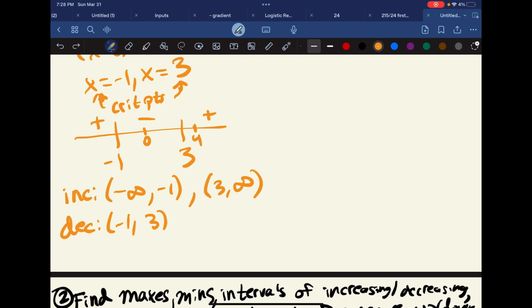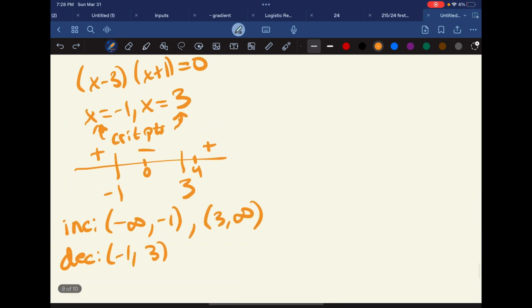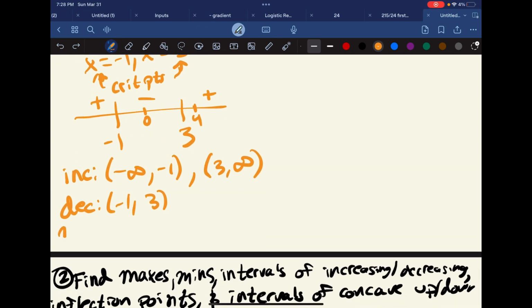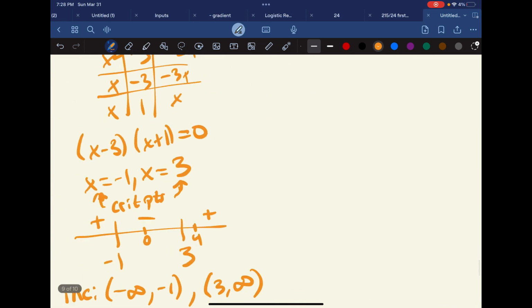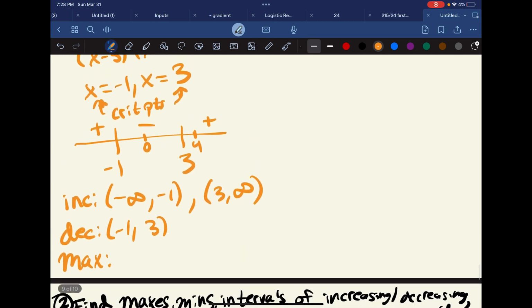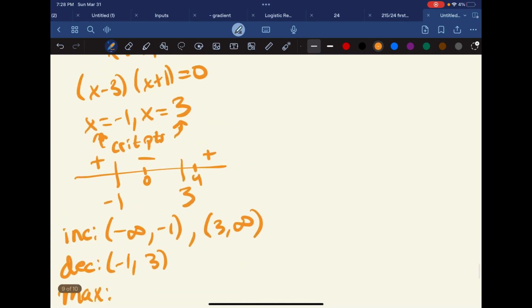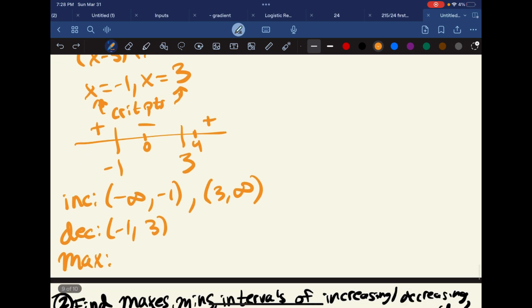And now we also have maxes and mins. You're probably at least a little familiar with it from 4.2. Whenever we go from increasing to decreasing, we have a local max.